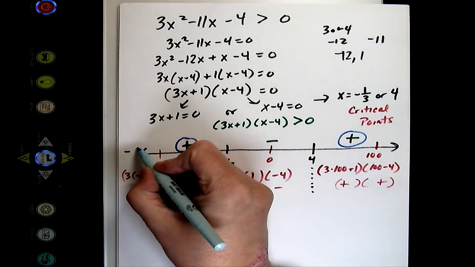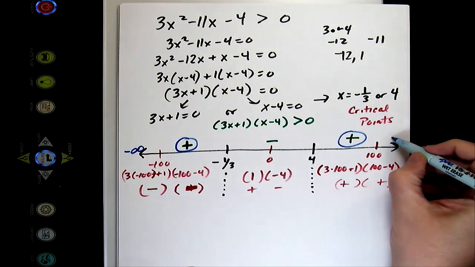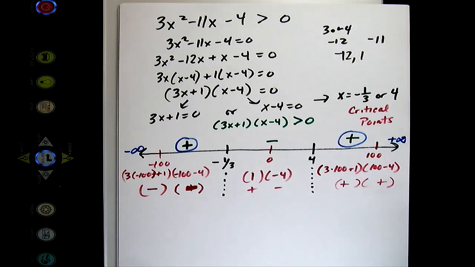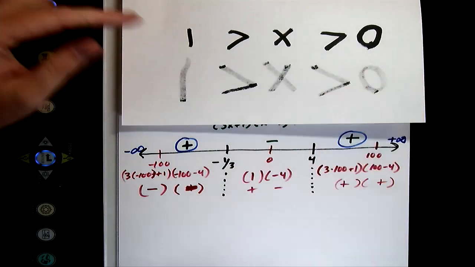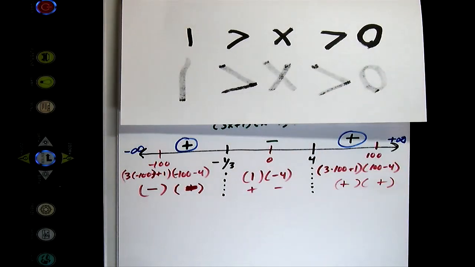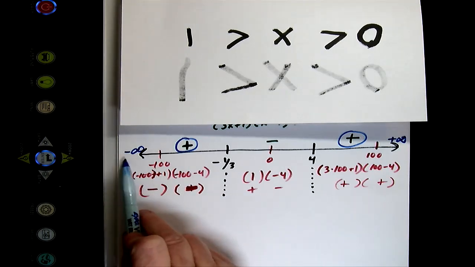I'm going to pencil in a negative infinity and a positive infinity on the ends of the graph here, because as you're going from left to right, I think it makes it a little bit easier. If I'm going from left to right, I start at the negative infinity sign.